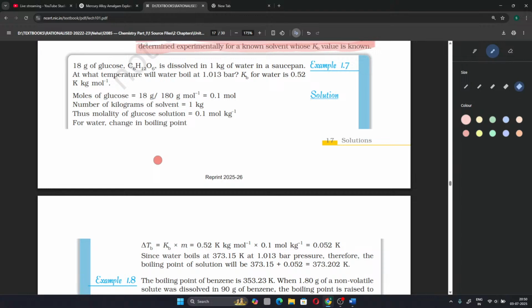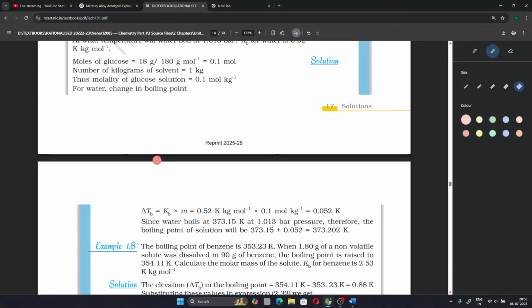They're asking us to find the change in boiling point, how much the boiling point is elevated, and the final boiling point when 18 gram of glucose is added to 1 kg of water. In such a case, what will be the final boiling point?